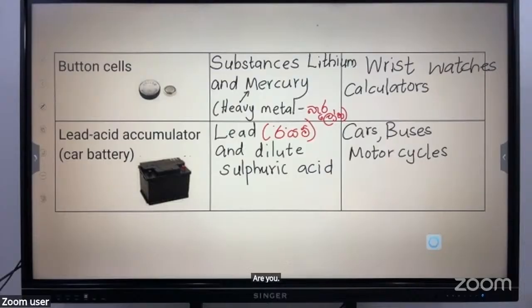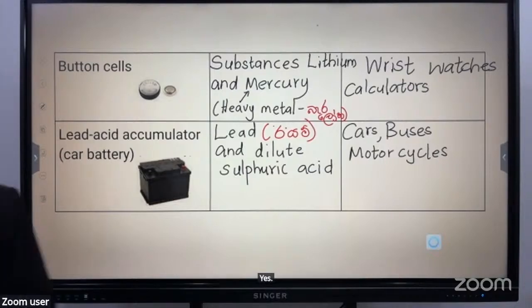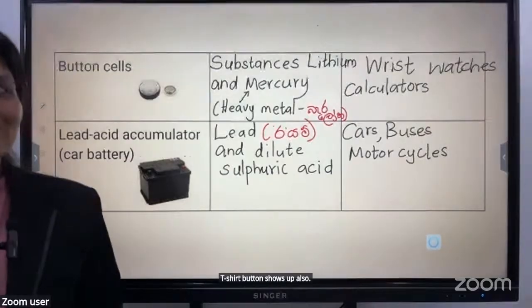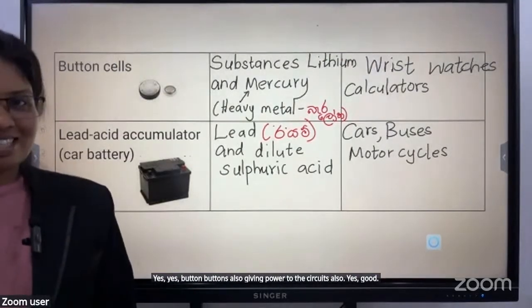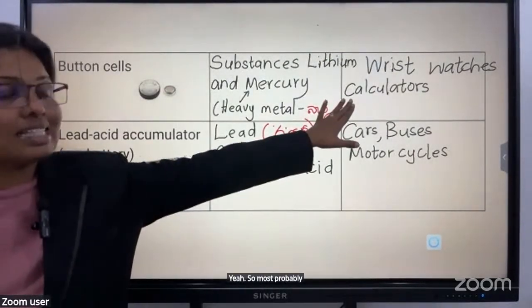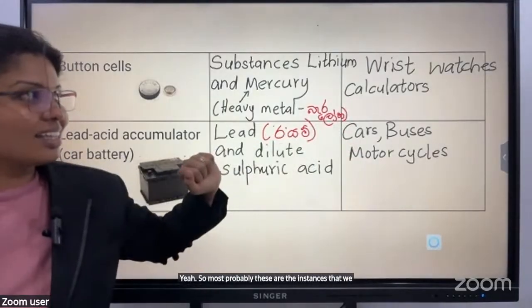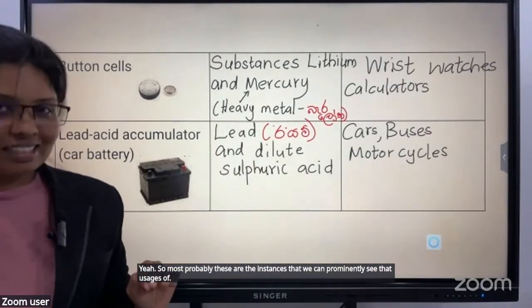Teacher, button cells are also giving power to the circuits, right? Yes, button cells also give power to the circuits. Yes, good. So most probably these are the instances where we can prominently see the usages of button cells.